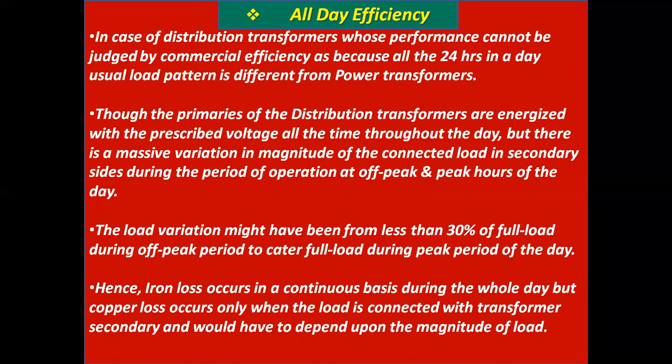Though the primaries of the distribution transformers are energized with the prescribed voltage all the time throughout the day, there is a massive variation in magnitude of the connected load in secondary sites during the period of operation at off-peak and peak hours of the day.